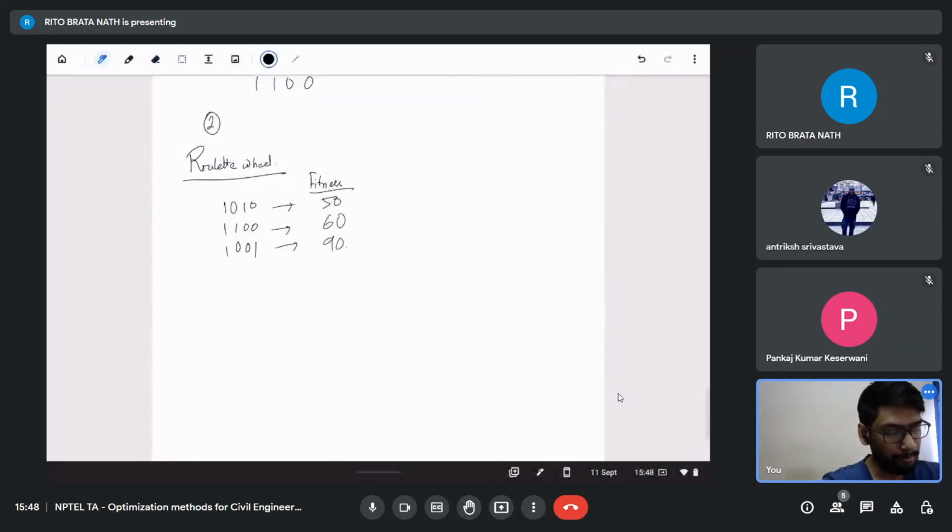Now your percentage of roulette will be calculated. The total is 200. If you divide 50 by 200, that will be 0.25, or since this is a percent, I should write 25. So this is 25, this is 30, and this is 45. These are the percentages of the roulette wheel.